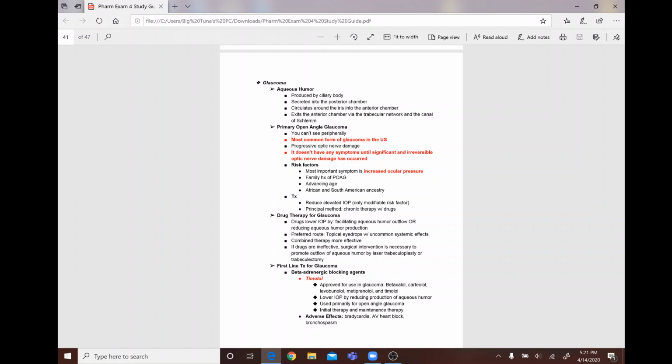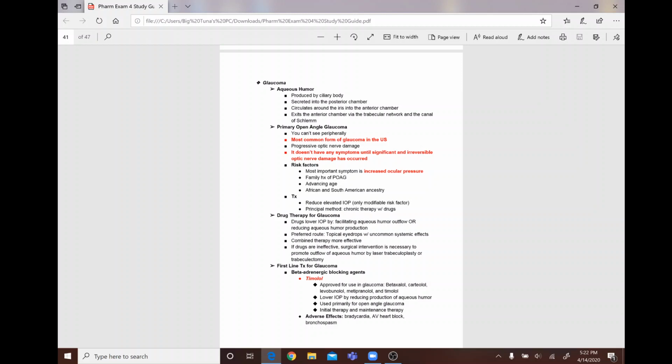What are the risk factors of primary open-angle glaucoma? Most important is increased ocular pressure, family history of primary open-angle glaucoma, advancing age, African and South American ancestry.